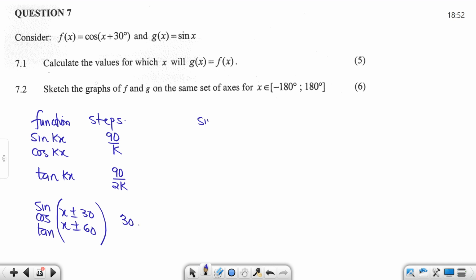If I have sine or cos 10x plus or minus 45, then my step becomes what? 45. Guys, please, the step will allow you to get certain things correct, and I'm going to tell you what that will help you get.